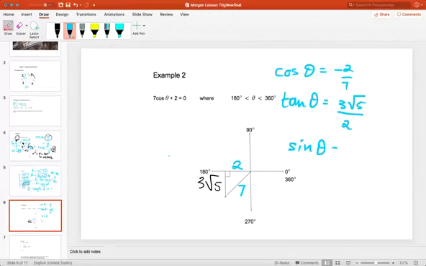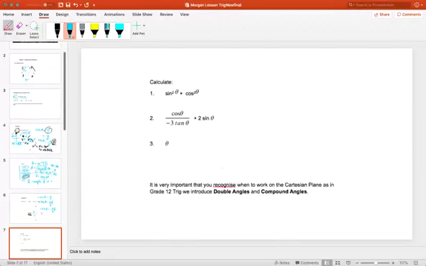And then our sine would be negative, and sine is always y over r. So negative 3 root 5 over 7. So now we've got our important ratios. We've got cos, we've got tan, and we have sine. And now from here, we can substitute anywhere. So let's see what questions await us.